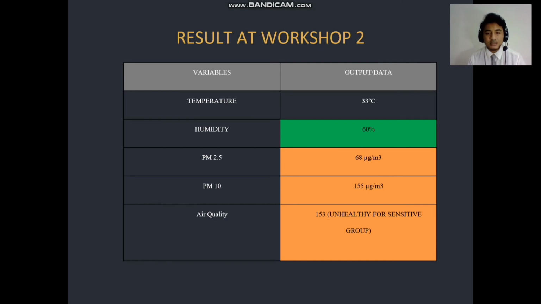The air quality is 153, which is unhealthy for sensitive groups. Sensitive groups means kids or people who have asthma or breathing problems. Overall, the results at workshop 1 and workshop 2 are accepted because they cannot cause hazard to our health.